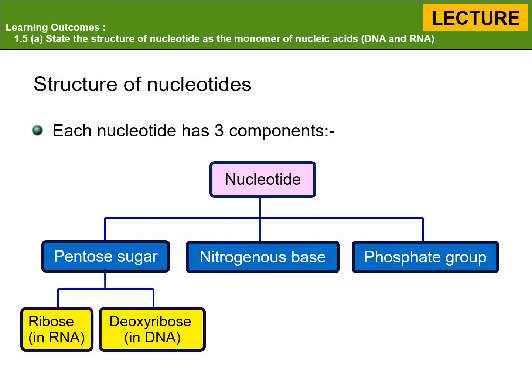Structure of nucleotides. A nucleotide has three components. Number 1, pentose sugar. Number 2, nitrogenous base. Number 3, phosphate group. Pentose sugar can be divided into two, ribose and deoxyribose. Ribose can be found in RNA, whereas deoxyribose can be found in DNA.